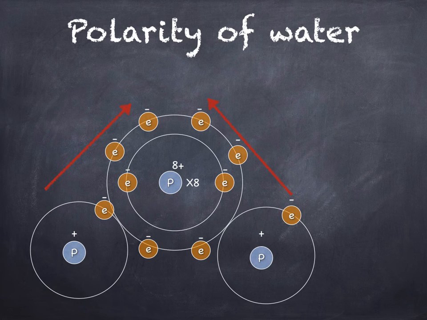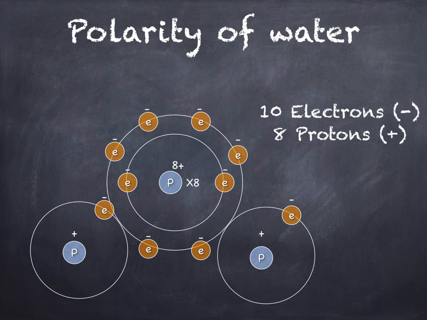Now, when this happens, something quite strange occurs. If we divide the molecule into a top half and a bottom half, the oxygen side and the hydrogen side, on the top half, the oxygen side, we happen to have 10 electrons.